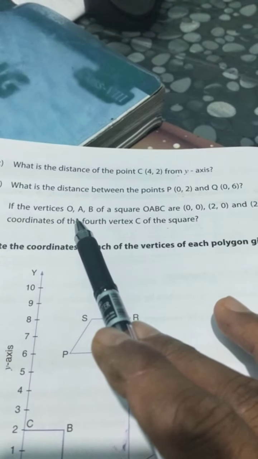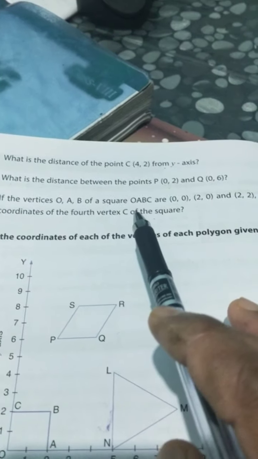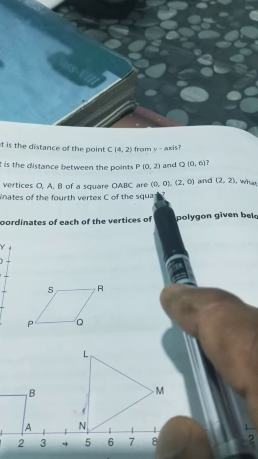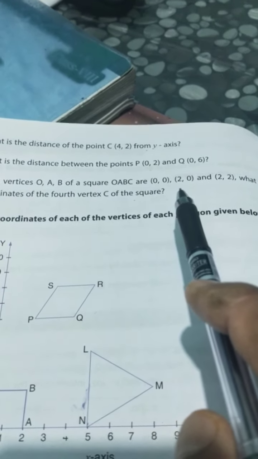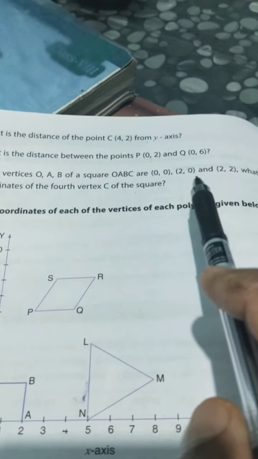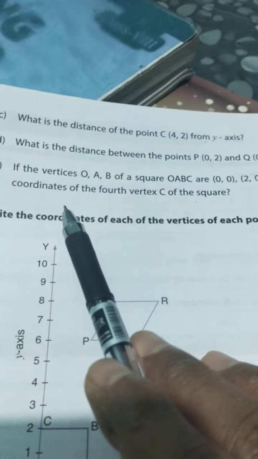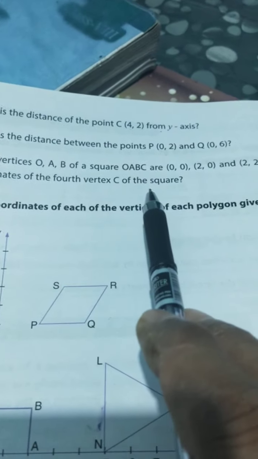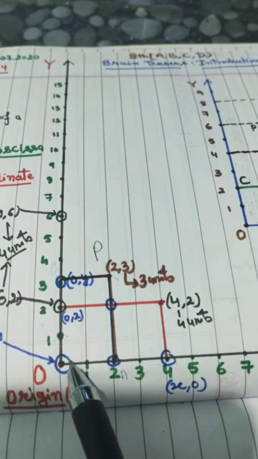Now E. If the vertices O, A, B of a square OABC are O (0, 0), A (2, 0), B (2, 2), what are the coordinates of the fourth vertex C of the square? You start from O (0, 0).